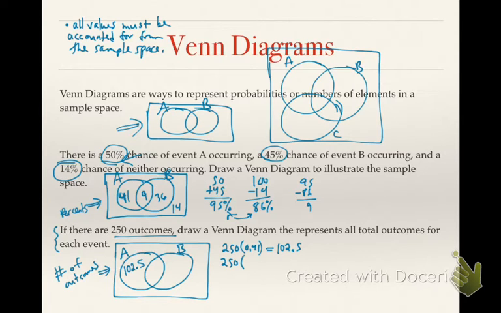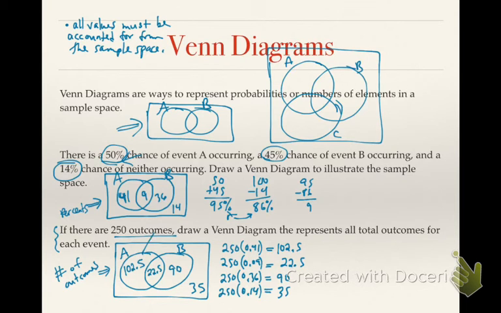Doing the same for the other percents, don't forget 9% is 0.09, I get 22.5 as their intersection. 250 times 0.36 gives me 90, so 90 goes there, and 250 times 0.14 gives me 35, so 35 goes here. So that's in terms of the total number of outcomes.